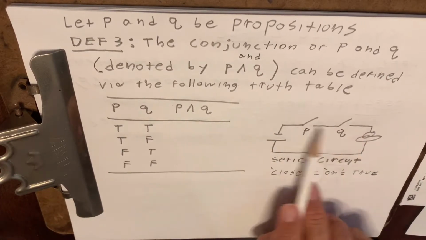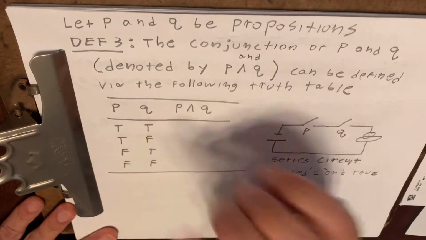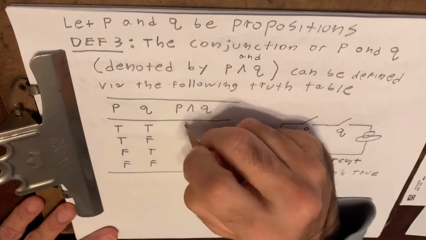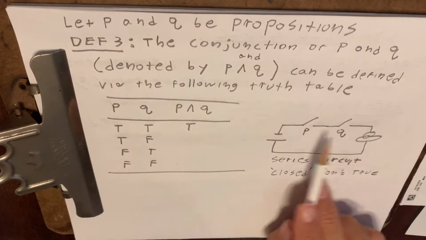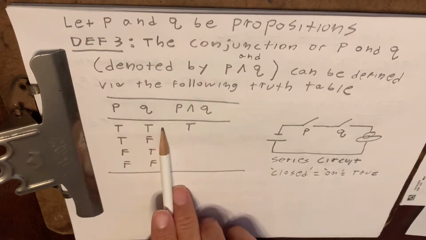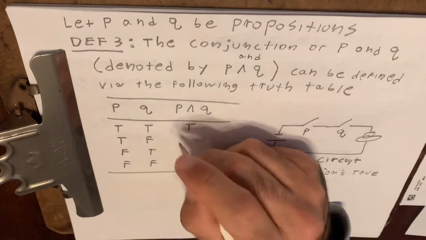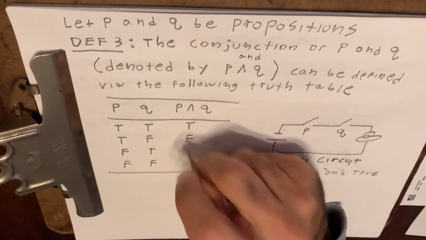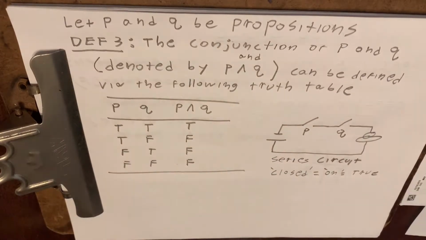They both have to be on. So for this circuit to pass electrons, both switches have to be on, which is the same as saying both propositions have to be true. If either one of these propositions is false, the conjunction returns a false.